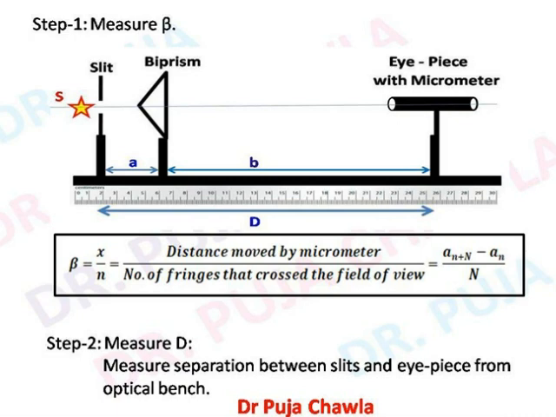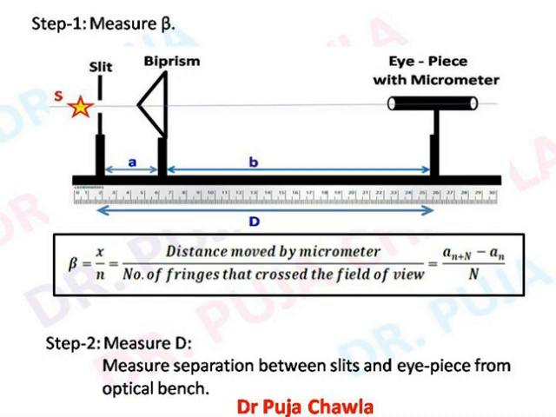That means A11 minus A1 divided by 11 minus 1 is equal to the width of one fringe. Is it clear? I have measured the width of 10 fringes, then divided that width by 10. This is the width of one fringe, the fringe width.